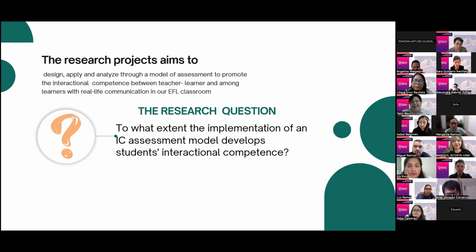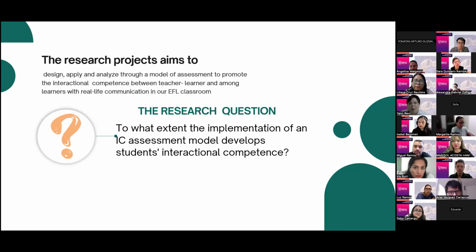The research aims, number one, to design, then apply and analyze a model of assessment, and to promote interactional competence between teacher and learner, but most of all, I want to see the interaction among the learners, with real communication.